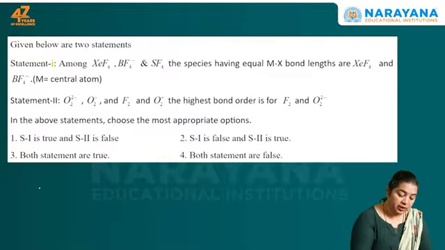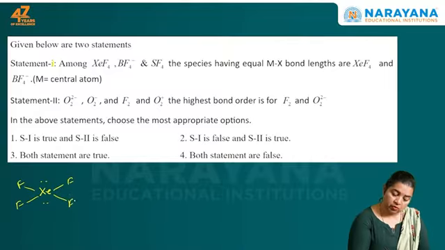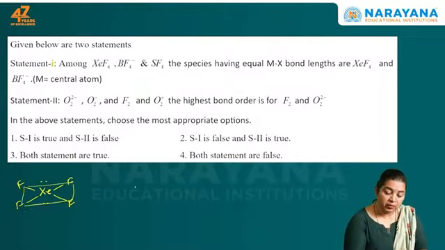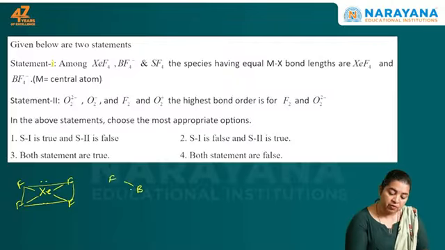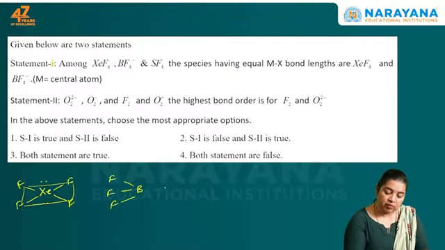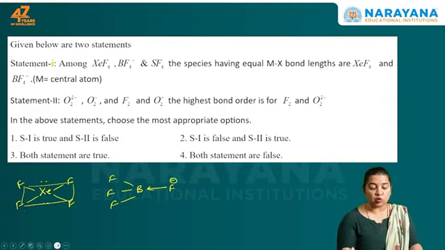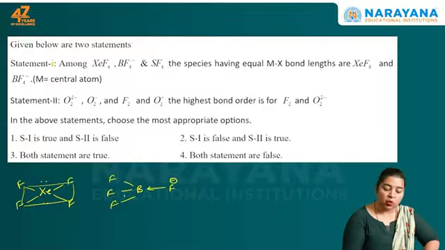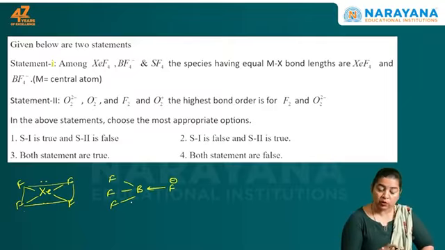Well, that is correct because xenon has all these bond lengths equal. When we talk of BF4 negative, the coordinate bond is ultimately behaving as a normal sigma bond. So yes, all the bond lengths are equal. The first two compounds give the condition correctly.